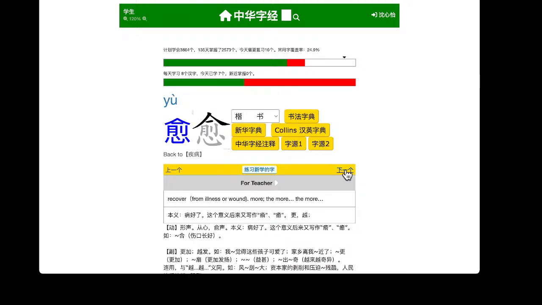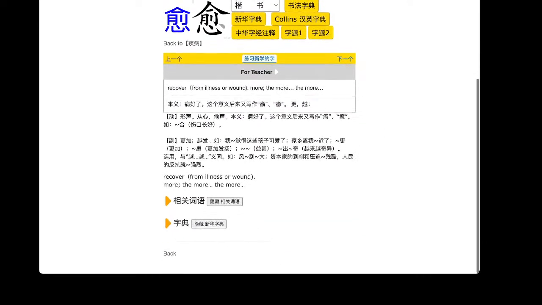Yu means to recover from an illness or a wound. You'll see this in like yuhe, coalesce, or what? Are you sure? I feel like coalesce is not the word. More like convalesce.